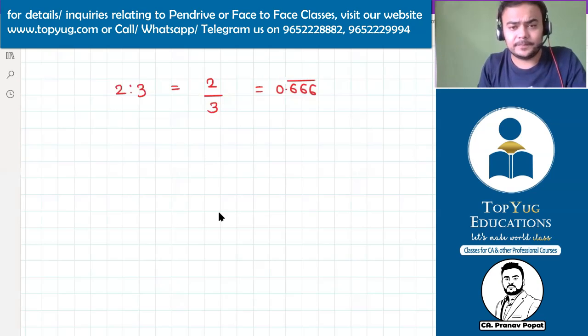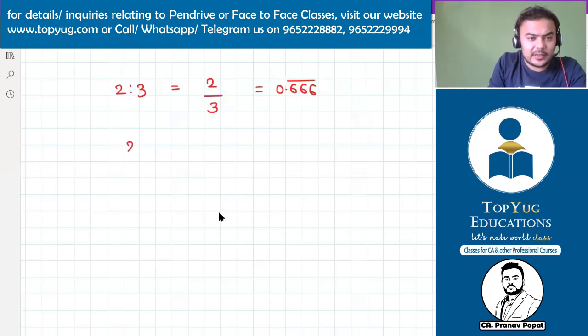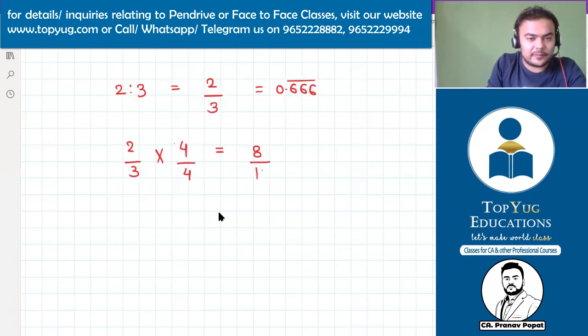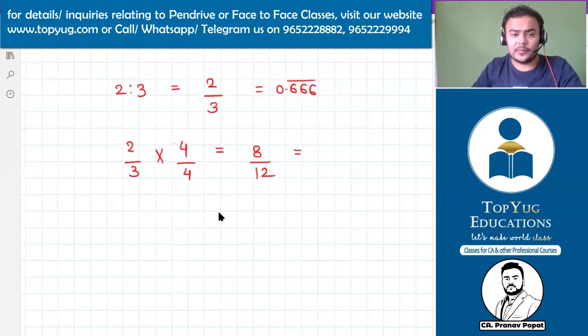Okay. Now I am saying 2 by 3. Let's multiply 4 in numerator and also in denominator. What is the resultant ratio now? Sir, 8/12. Clear? 8/12. When you multiply by 4 in both, you will get a new ratio, that is 8/12.